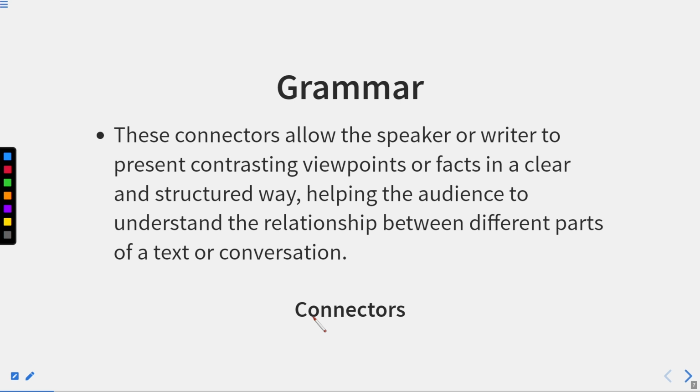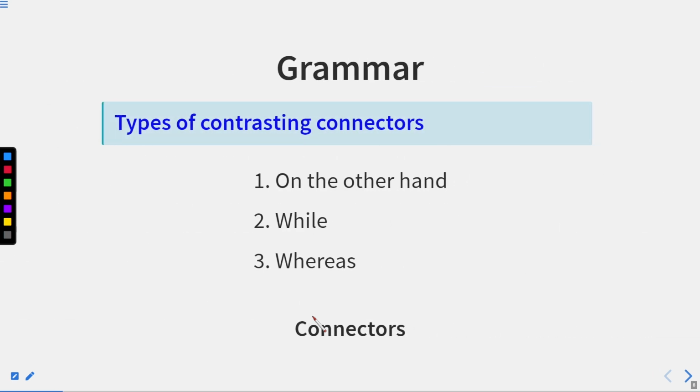Now, what will be the structure? First, in the first part, maybe the advantage will be written or the disadvantage will be written, and vice versa for the second part, helping the audience to understand the relationship between different parts of a text, context or conversation.